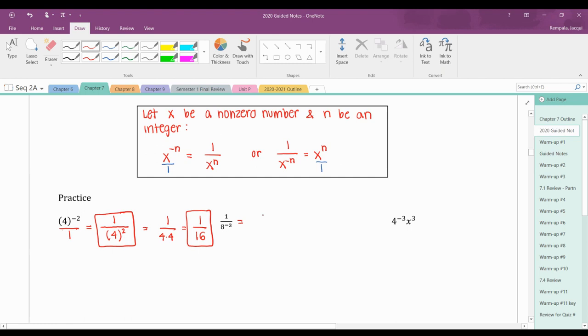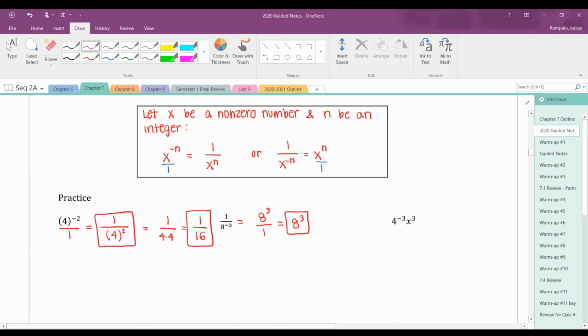Remember, 8 is the base. I keep the base exactly how it is. But I'm going to then have a positive 3, because in my denominator, it's technically a 1 once I moved that term up.